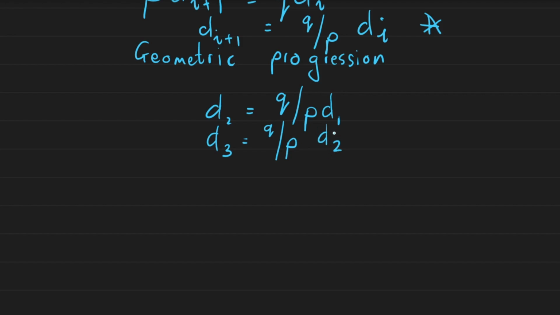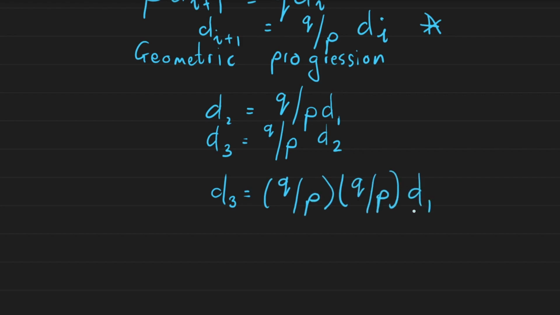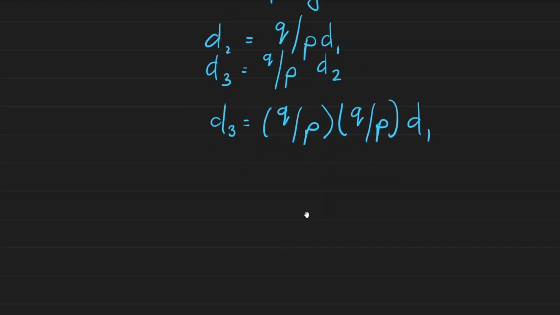However, D2 is equal to Q over P times D1, so we can replace that. We can say that D3 is equal to Q over P into Q over P times D1. So this means that D3 is equal to Q over P squared times D1.